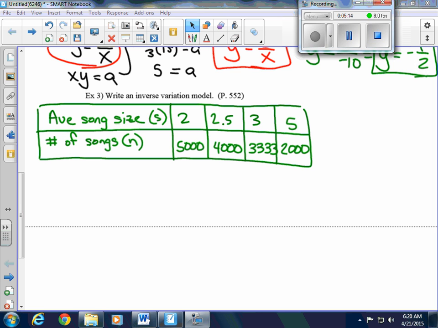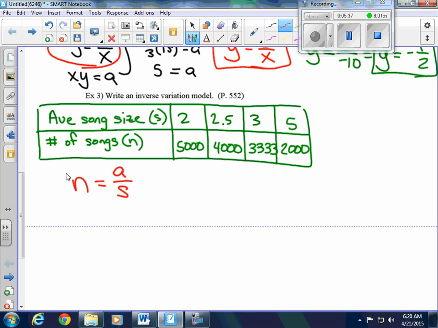So the number of songs varies inversely with the song size. All right, so there is our general equation we're going to use.